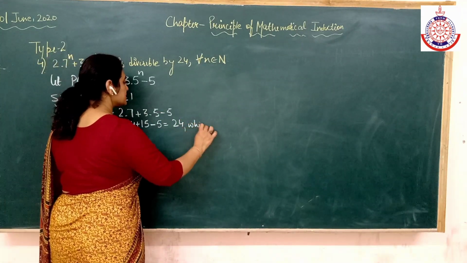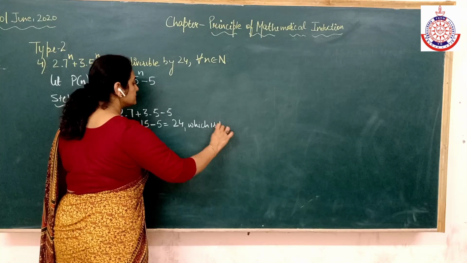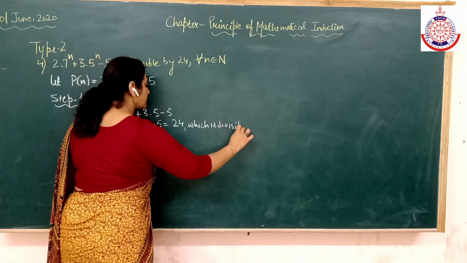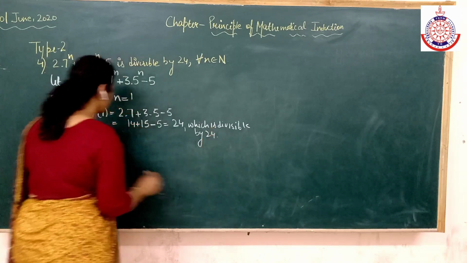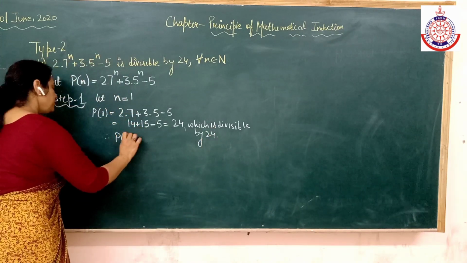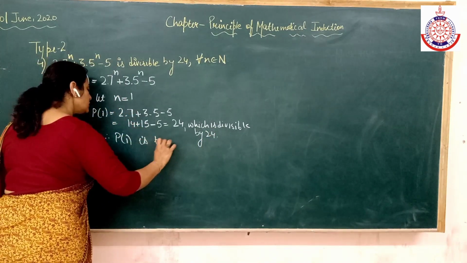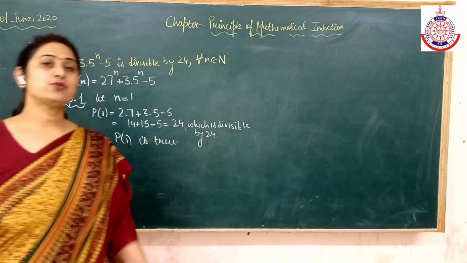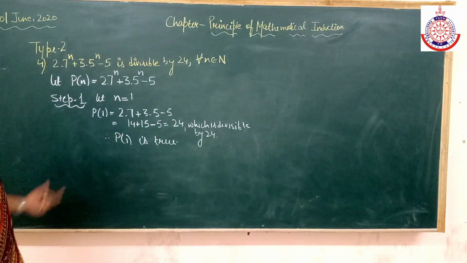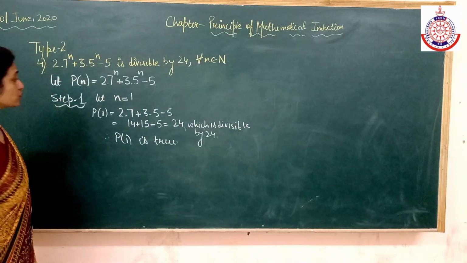Definitely 24 is divisible by 24. Therefore, P1 is true. Clear? That means if I put n equal to 1, my given statement is true for n equal to 1.